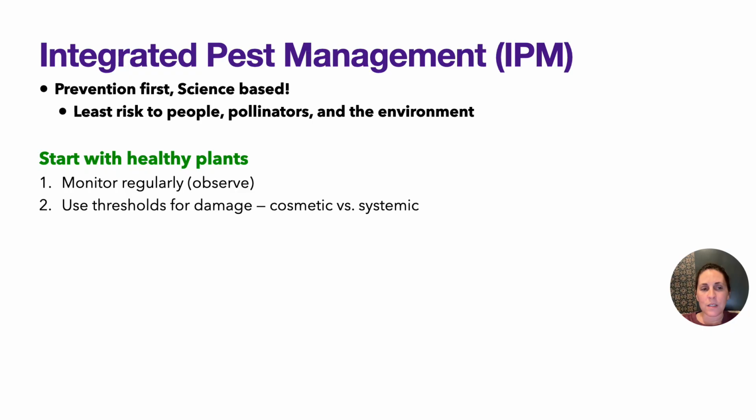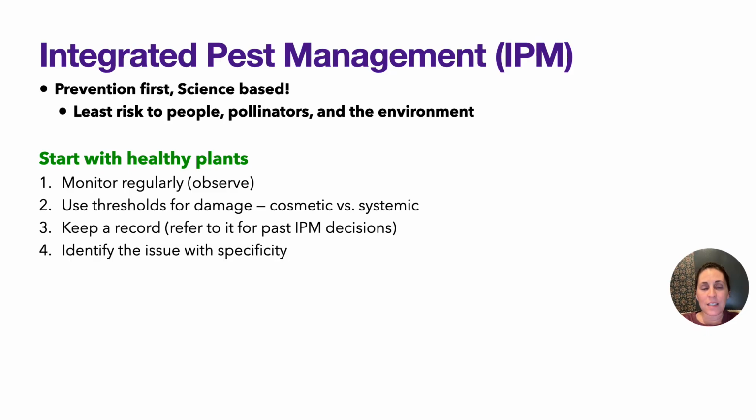Number 2 is to establish and use thresholds for damage and identify the different types of damage, cosmetic damage versus systemic damage. Keep a record of the plants that you are growing, how they're growing, and the different damage or pests that they might deal with, and refer to it for past integrated pest management decisions.